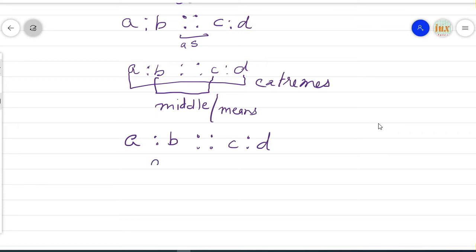The extremes are A and D, so A into D is equal to B into C. So if four quantities are in proportion, the product of extremes is equal to the product of means. This is also known as the rule of cross multiplication.